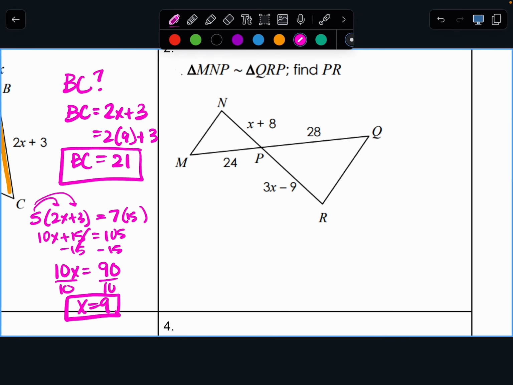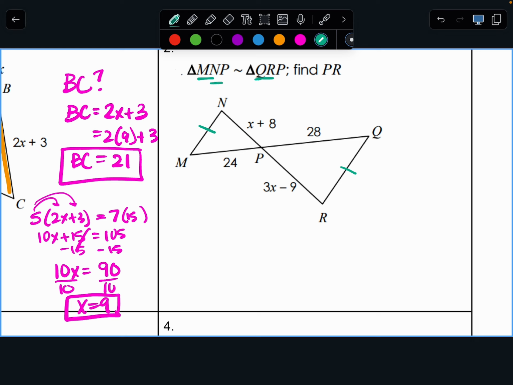This one's a little trickier simply because I need to make sure that I match up the right pieces. So like, what does MP match? So the first thing I want to do is figure out which parts match. So MN is the first two letters here. That matches QR here. That's not helpful.